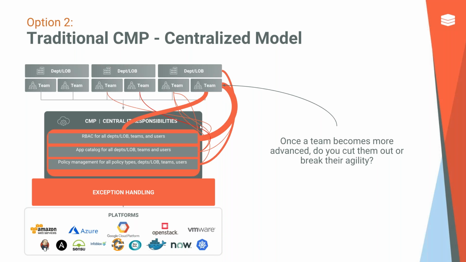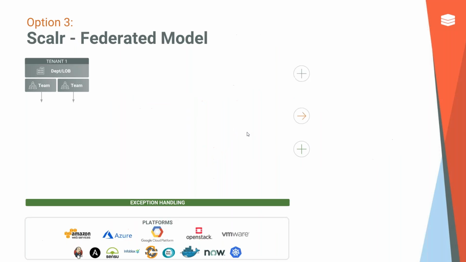That is maybe not a terrible option at first, because if my ultimate goal is to empower them, maybe that's what I need to do. But then you also introduce all of the challenges from option one. And if you try to put them into this mold, maybe you're breaking their agility. So that becomes another whole conversation to have.